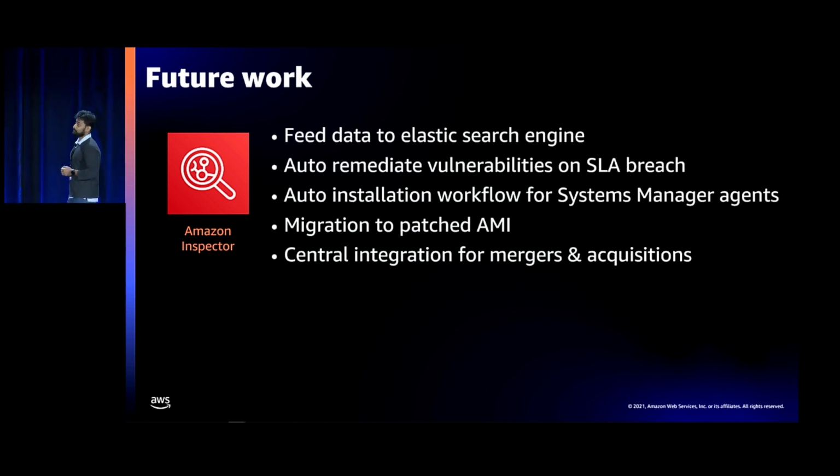So we want to build out this pipeline where as soon as we get a trigger that Amazon has patched a number of AMIs, all of our fleet users will automatically migrate their EC2 instances onto the new AMI. And with our mergers and acquisitions, we want to make sure that every single thing that we build for us is scalable to them. So we want to build out the centralized integration for everything that we have under Uber.